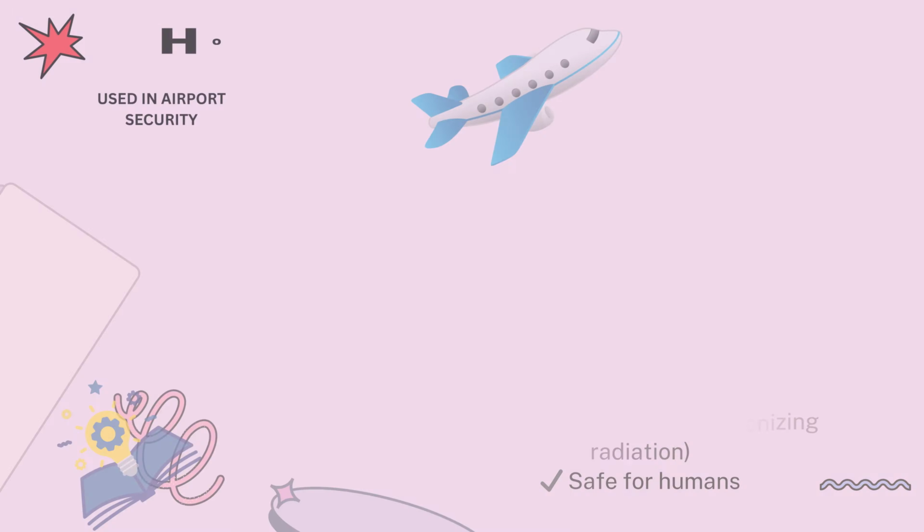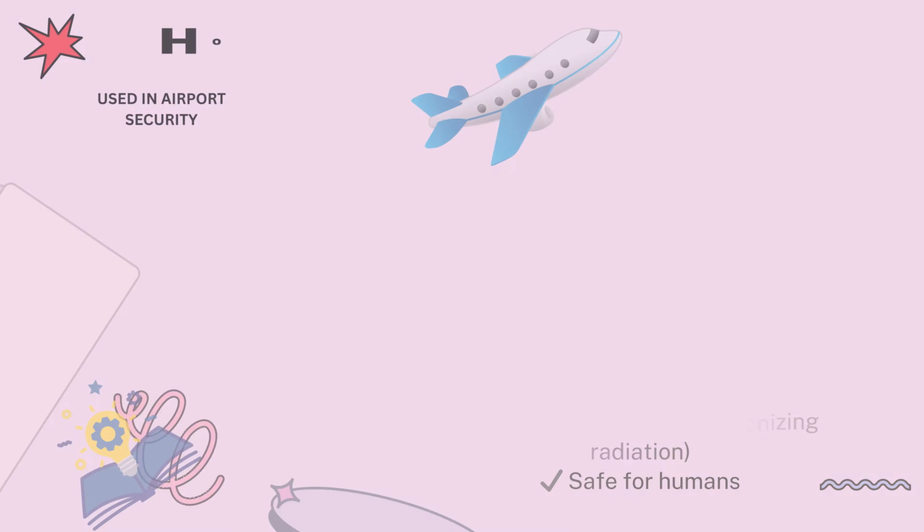Alright, so how exactly is a millimeter wave scanner used in airports and security? Well, you will usually find them at airport checkpoints. You know that moment when you step into the booth, raise your arms and stand still for a second? Yep, that's the one. This scanner does a full body scan to detect hidden objects under clothes.